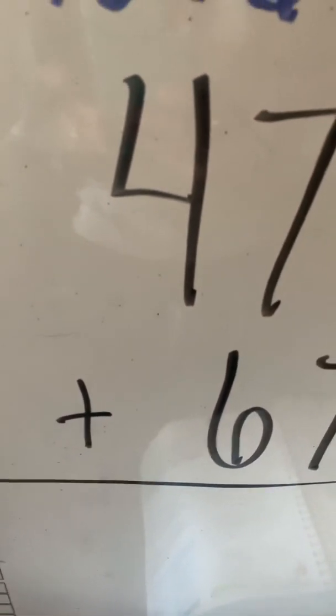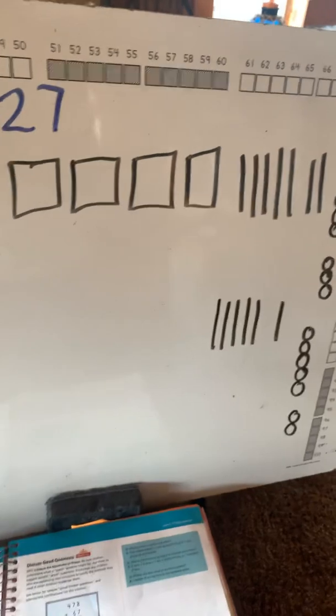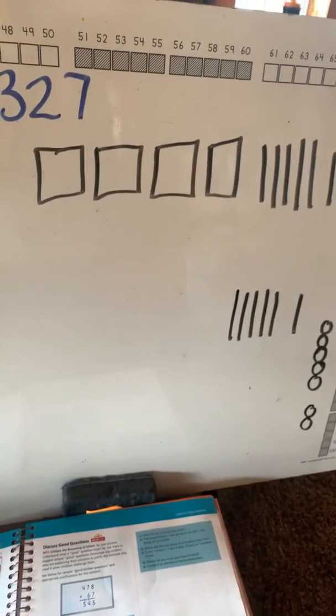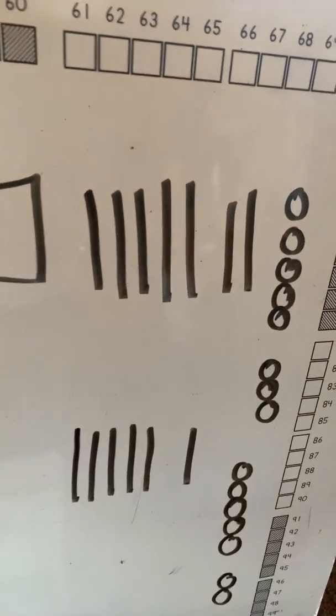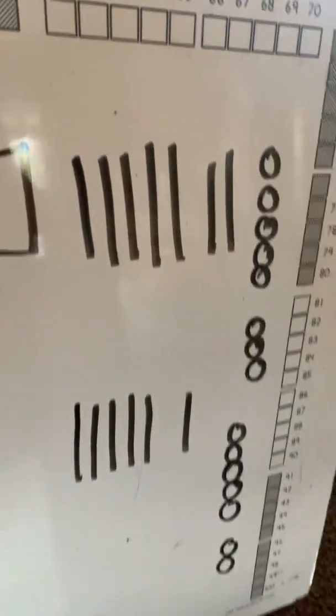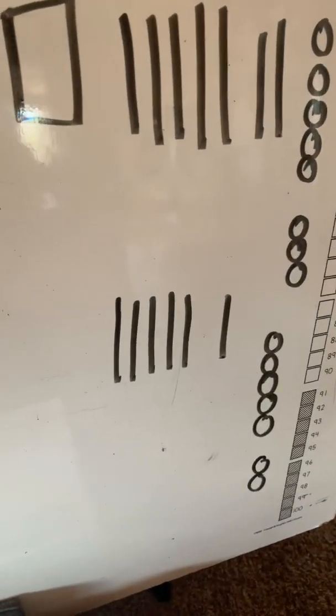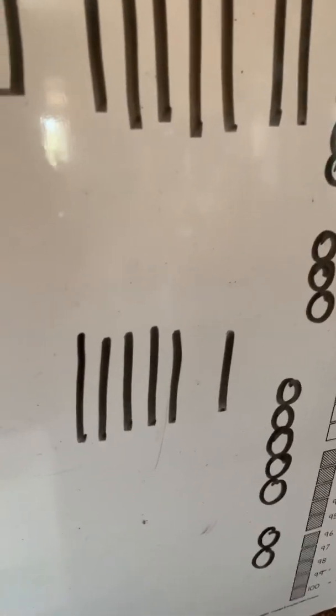Now when I look over here, I see a drawing that I already made, and it shows the first number. There's 400, there's 7 tens, which is 70, and then 8 ones, which is 8. Underneath it, I line up the ones and the tens, and the number 67 I drew right underneath. 6 tens, 7 ones.